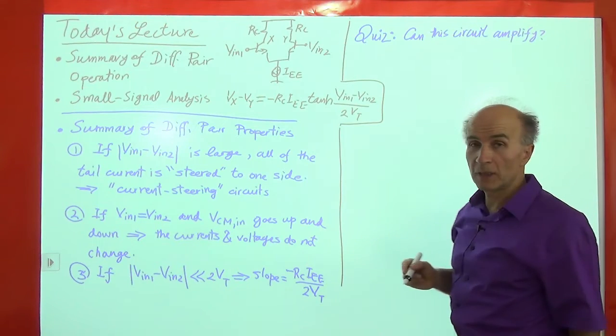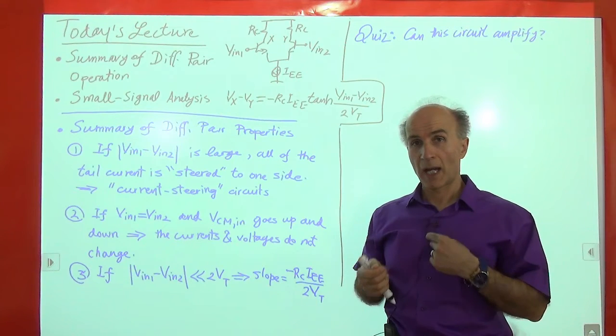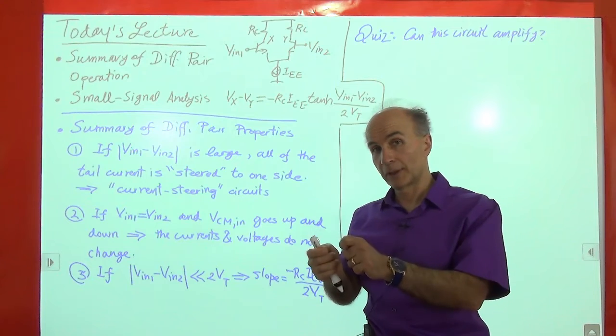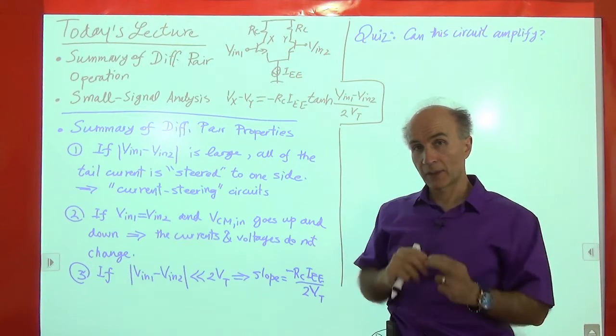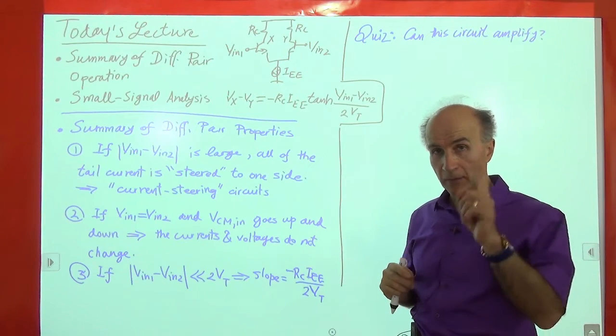By amplify, we mean we give it some voltage, some signal, let's say from this microphone, and we measure the output signal. If the output signal amplitude is greater than the input signal amplitude, then we have amplification. So can the circuit amplify? I'll give you 1 minute to think about it.